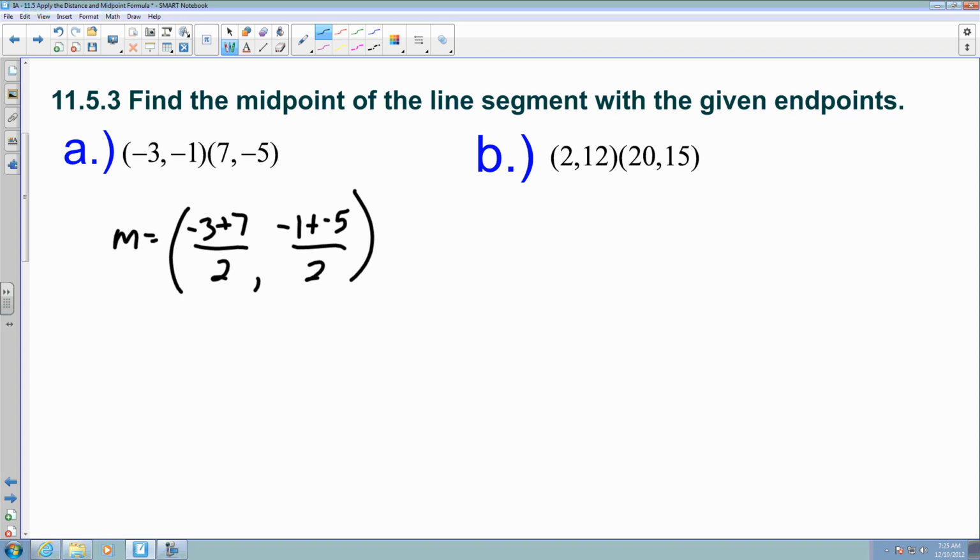So that's 4 divided by 2, and this is negative 6 divided by 2. And so the midpoint would equal 2 comma negative 3.